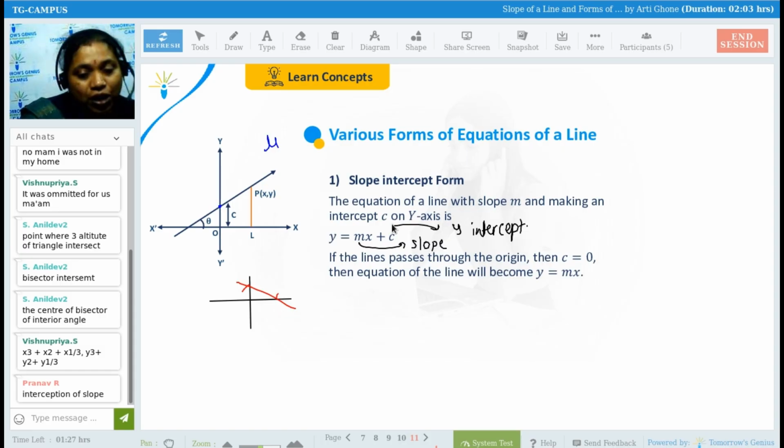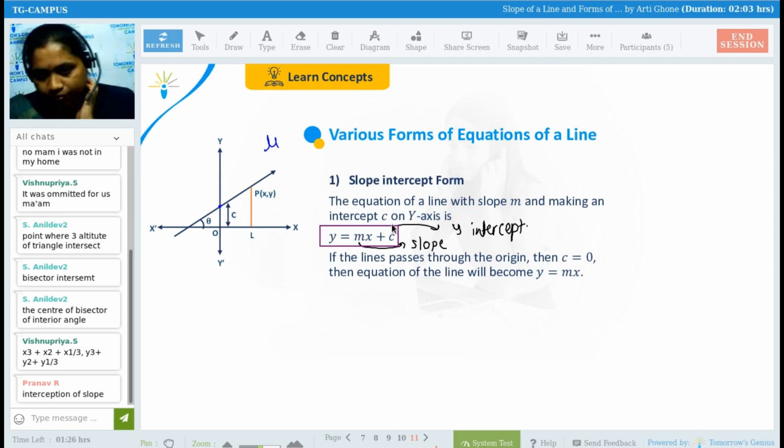Clear? So if you have a geometry of a straight line where only the slope and y-intercept are available, then the first form of the straight line is y is equal to mx plus c. Clear? This is your first form. Y is equal to mx plus c, because it has only one intercept and that is the y-intercept, and the geometry of the line is with respect to slope m.